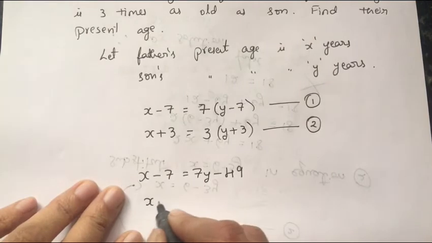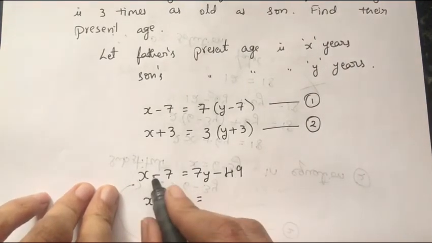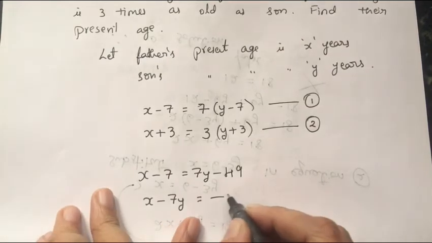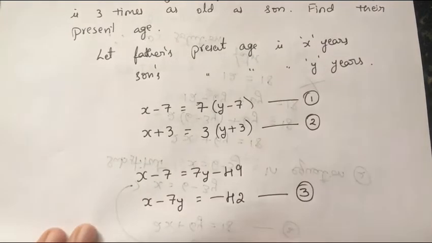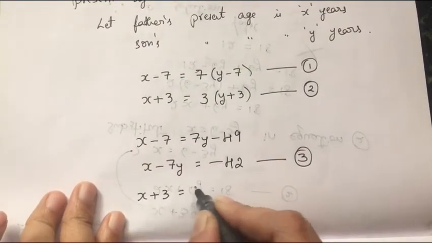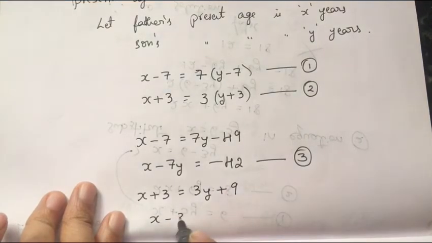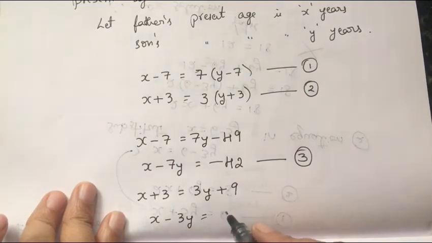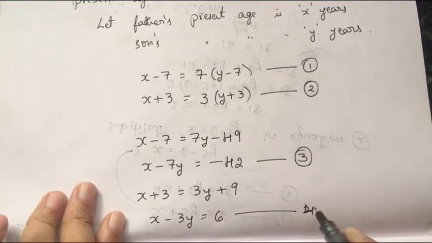So x minus 7y equal to minus 49 plus 7, so it's minus 42. I'll call this equation 3. And x plus 3 equal to 3y plus 9, so x minus 3y equal to 9 minus 3, so it's 6. Equation 4.